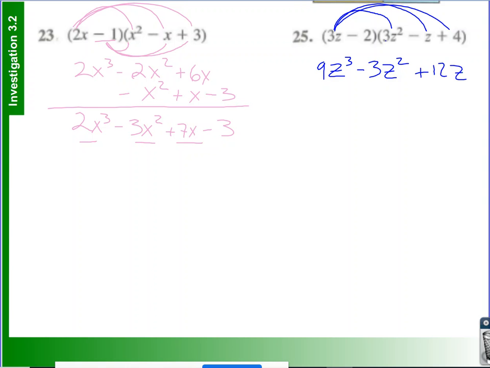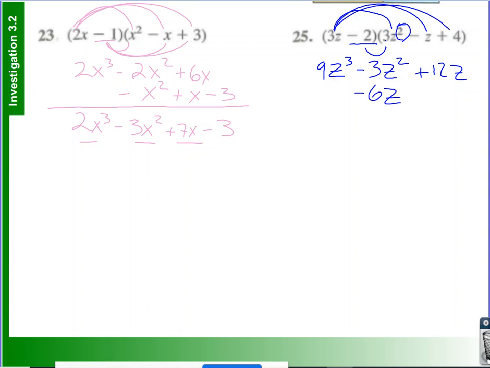And then, so then you go to the second layer, I guess. Mm-hmm. We do our smiley faces. Yeah, so negative 2 times 3z squared would be negative 6z. And what exponent do we have here?